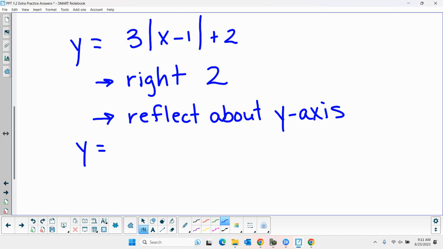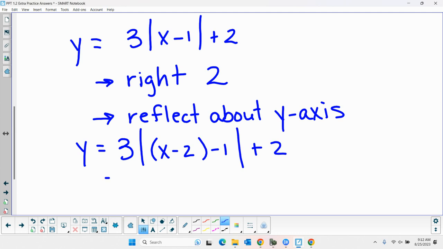So I'm just doing it to the x. Now, right 2 is that plus 2 or minus 2? That's minus. When we do horizontally, we do opposite of what we're thinking. Okay? And simplify now. Is there things I can simplify? Yeah. All right, so let's simplify in there.